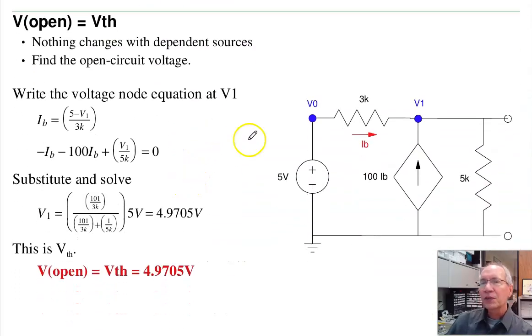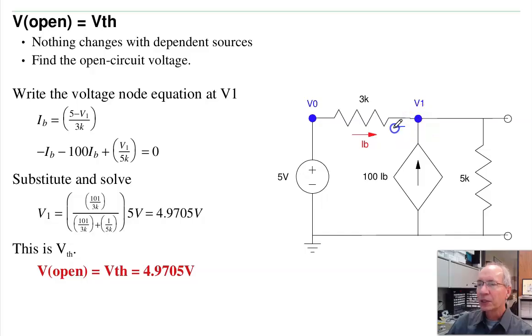Starting out, let's find the open circuit voltage. Well, that's just a circuits problem. For this case, it's probably easiest using node voltages. I know that V0 is 5 volts. I know the currents have to balance at V1. So, IB is V0 minus V1 over 3K.